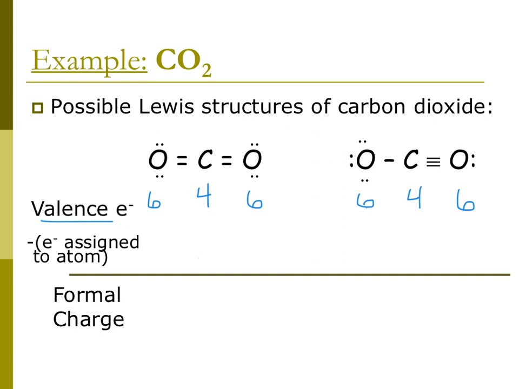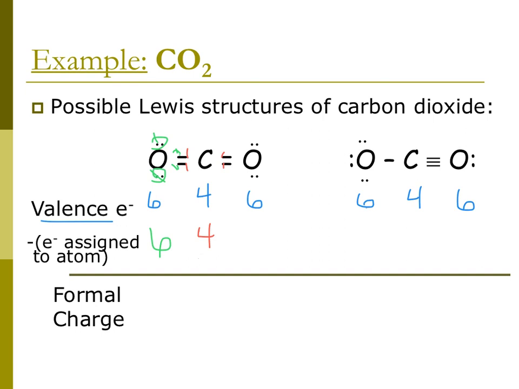So for my very first oxygen, we have 2 lone pairs, and we would count 1 electron from each of the bonds. So that would be a total of 1, 2, 3, 4, 5, 6 electrons that it has access to. For carbon, it would have access to 1 electron from each bond. So since it has 4 bonds, that would be access to 4 electrons.